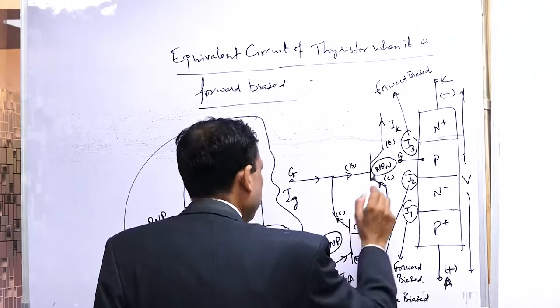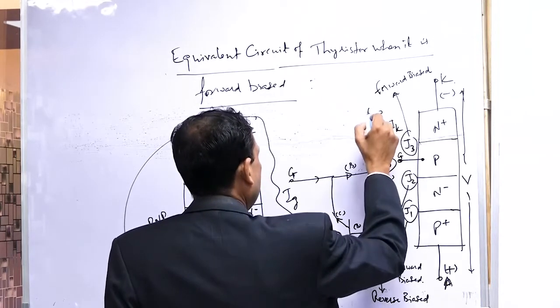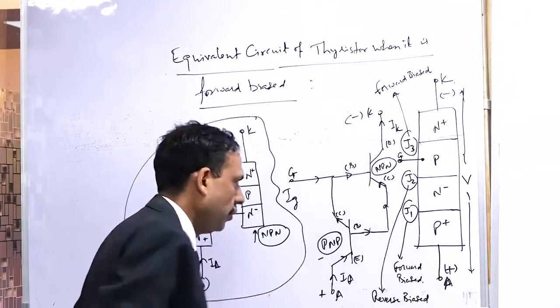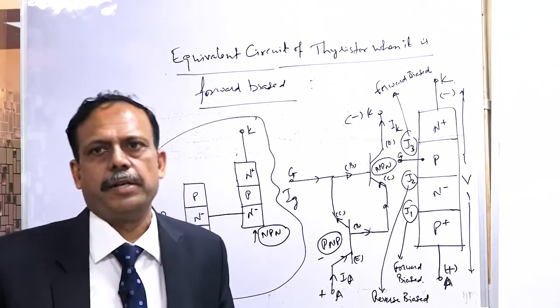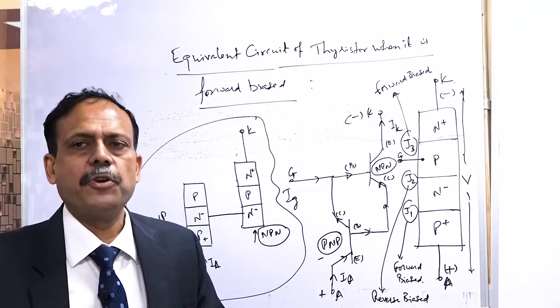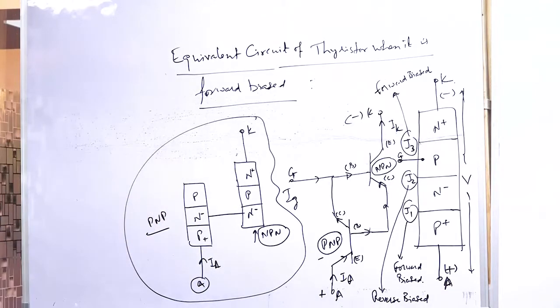This is PNP and this is NPN, with anode positive and cathode negative. We are going to understand electrically how it starts conducting. Once the drawing is completed, we will discuss this particular aspect. This is a very interesting explanation.